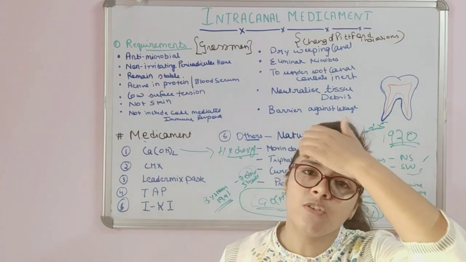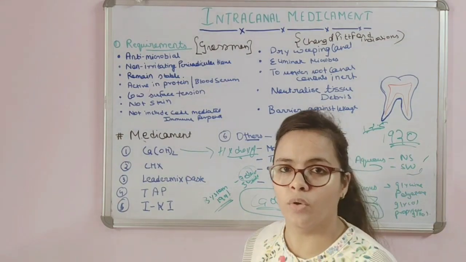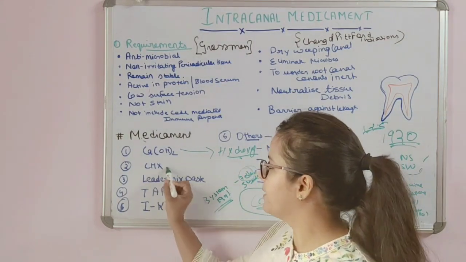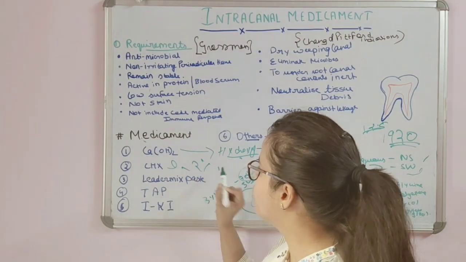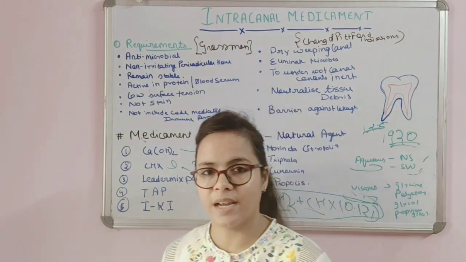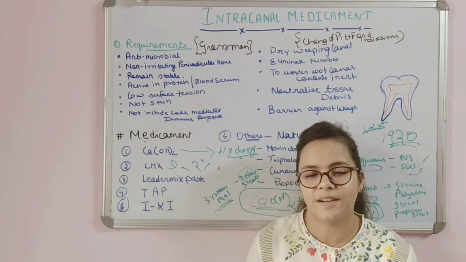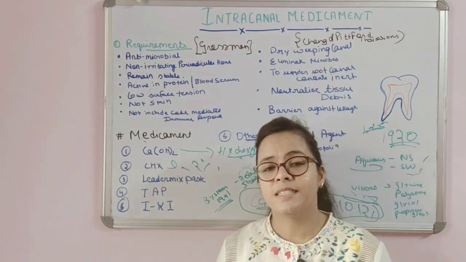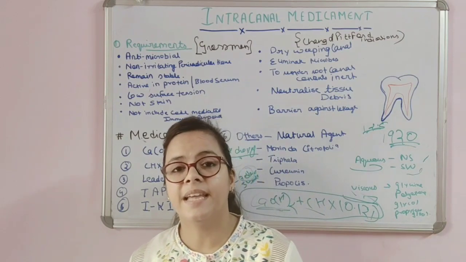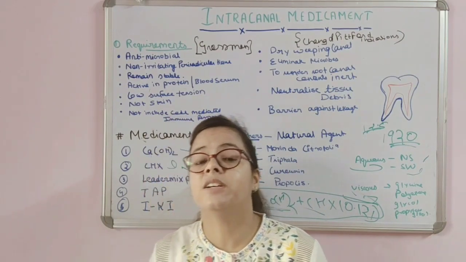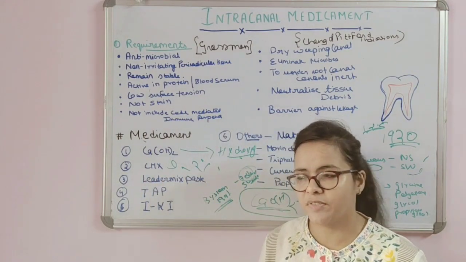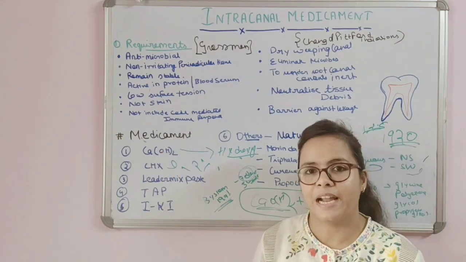If you are using chlorhexidine alone as an intracanal medicament, then you have to use 2% chlorhexidine. Basically chlorhexidine has a drying property and is said to be effective against Enterococcus faecalis, and it is more effective against Enterococcus faecalis in comparison to calcium hydroxide.